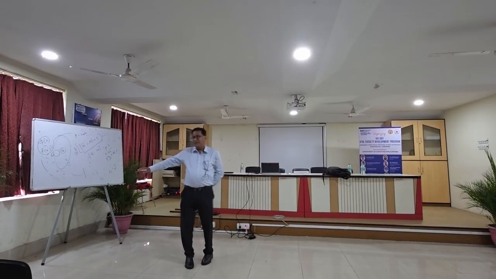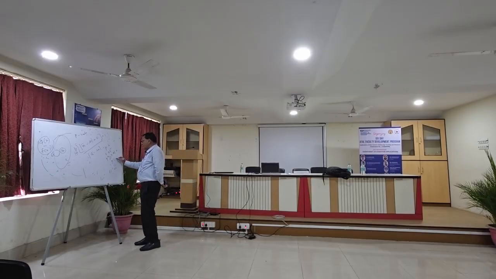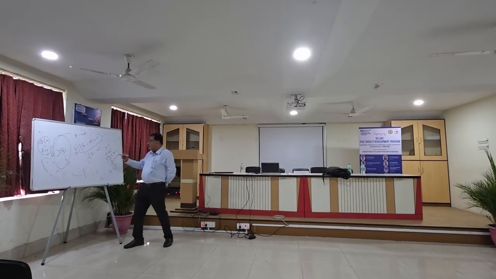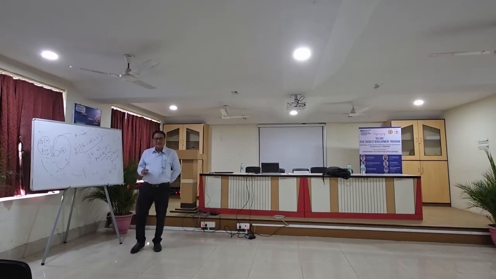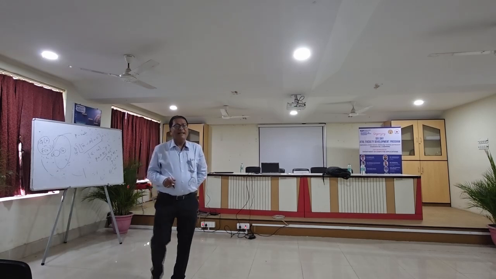If p is less than 0.05, you reject. Now you can ask me a question: say you are solving some problem, and you get p equal to 0.95. What is your decision? That is highly accepted. Excellent, accepted.